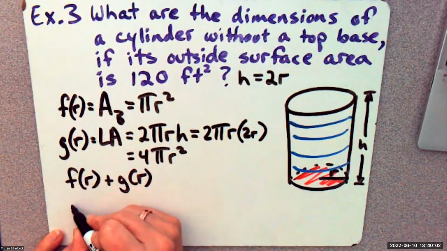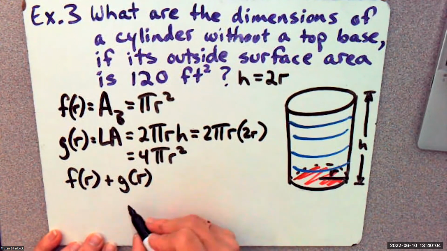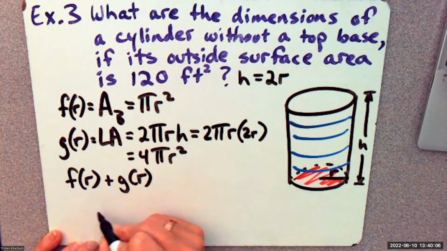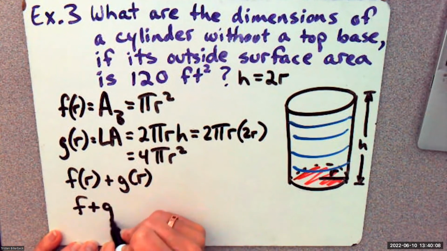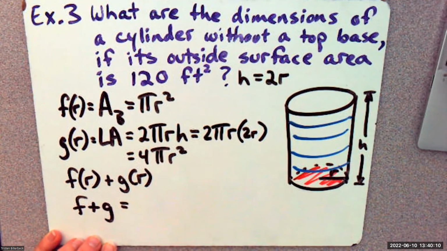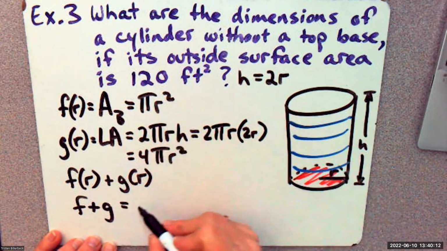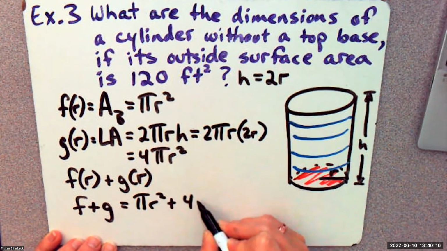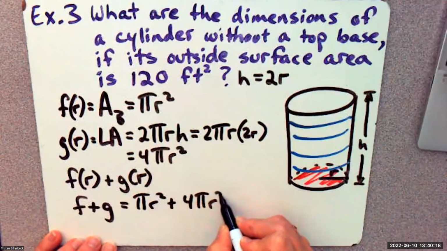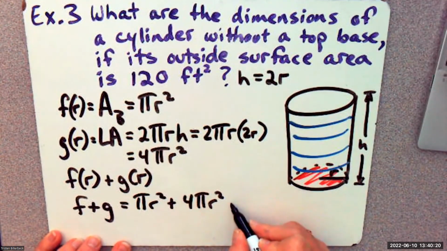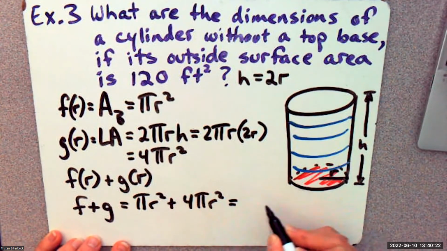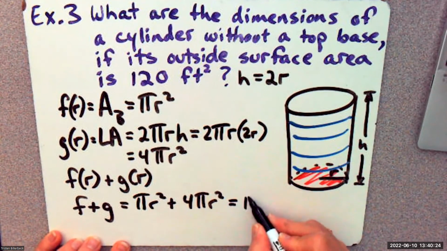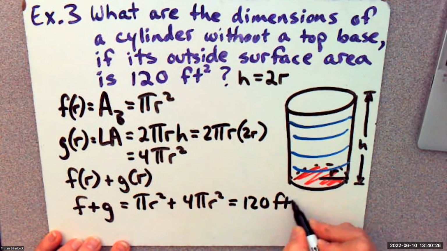So our total area would then just be f plus g equals pi r squared plus 4 pi r squared. And then this equals 120 feet squared.